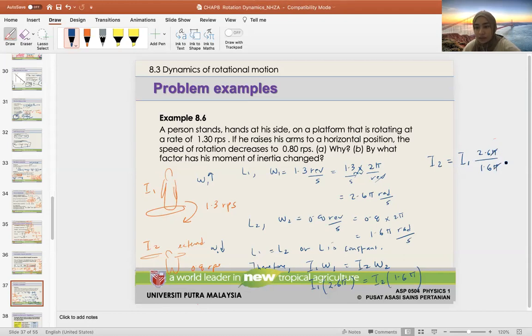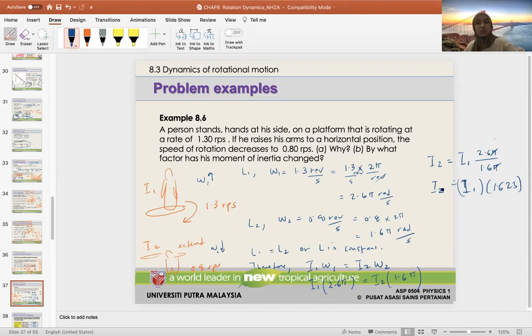So the pi can cancel out. 2.6 divided by 1.6 is 1.625. So this is I1 times 1.625. This is I2. Here the I2 is when we are extending.